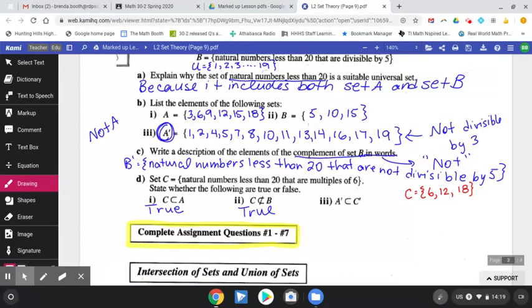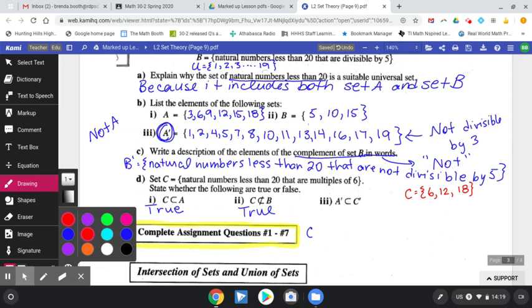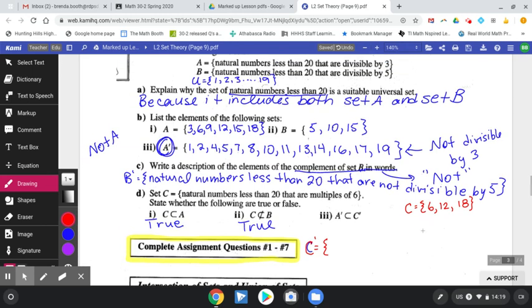So it'll be easiest if we actually have the complement of C written down. So complement of C, I go to the universal set and I pick out all the numbers except 6, 12, and 18.